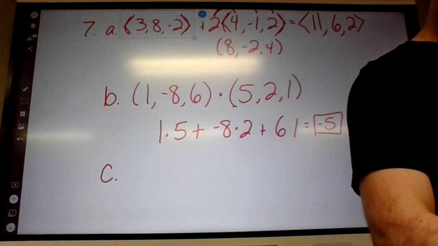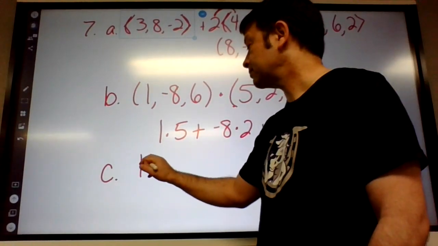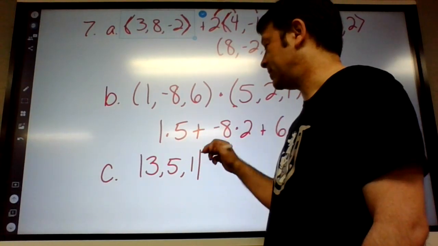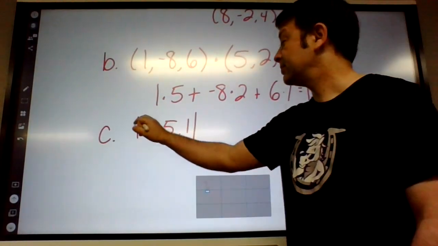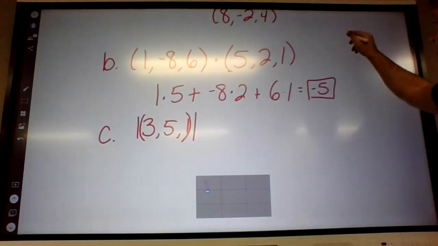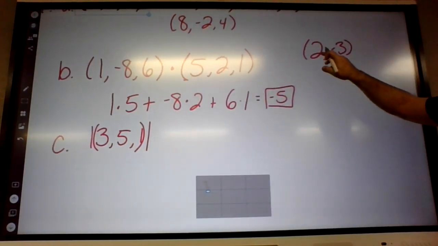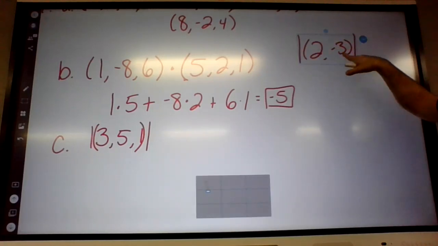And then C says the magnitude of a. That's where you square. Yeah, so it's kind of like the distance formula. Remember when we did, or maybe you don't remember because it seemed like every time I asked we didn't know. How did we find the magnitude of like a 2, negative 3 vector? We just did that squared plus that squared and then took the square root of it.